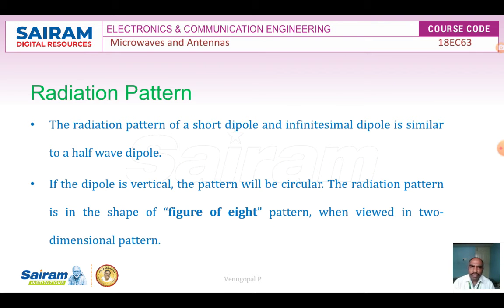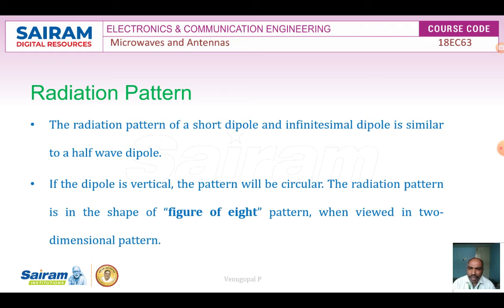Radiation pattern of the short dipole. Dear students, the radiation pattern of the finite short dipole and the infinitesimal dipole is similar to that of a half-wave dipole, nothing but a lambda by 2 dipole antenna. If the dipole is vertical, then the radiation pattern will be circular.